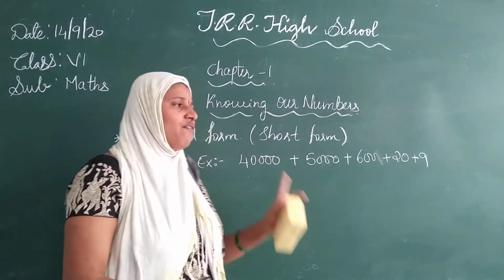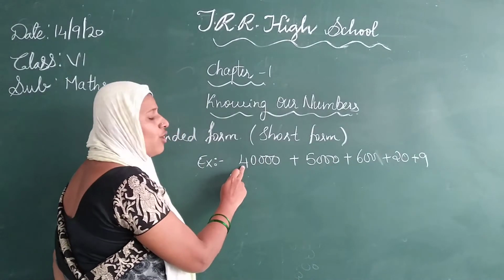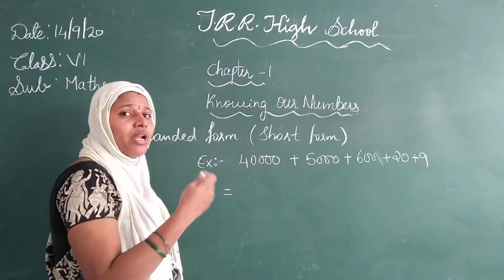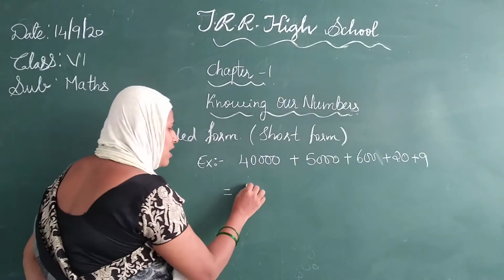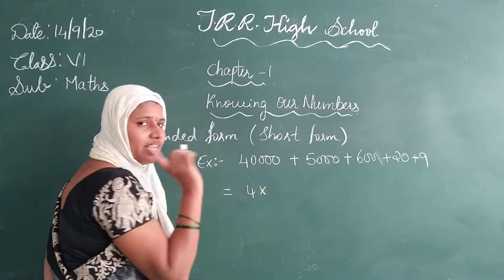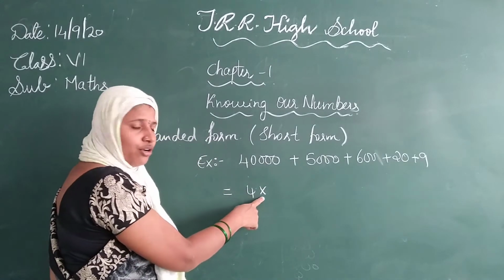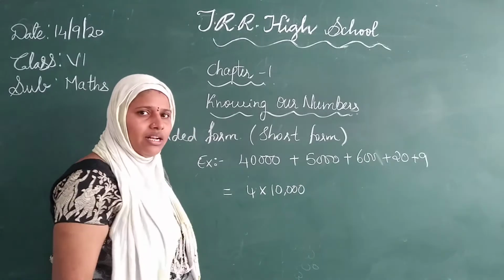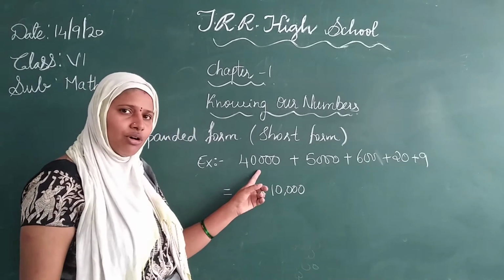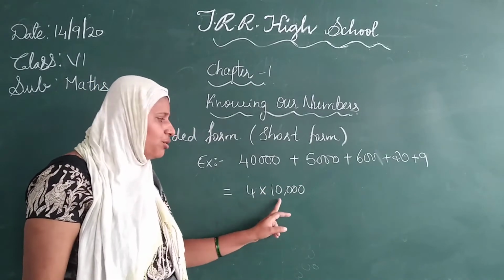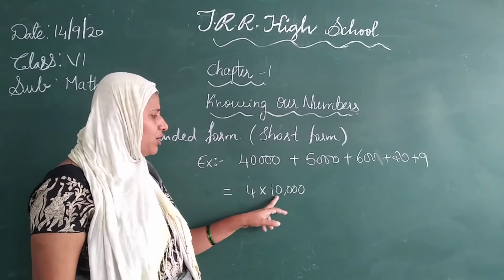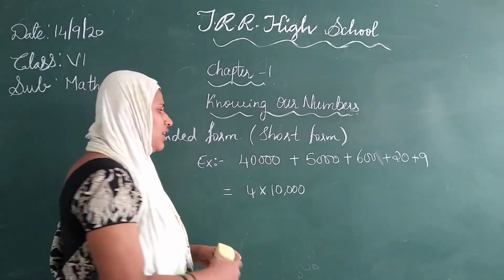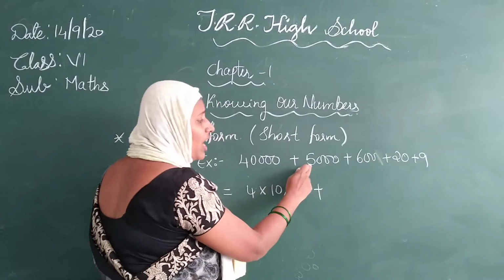How to write? First step is 40,000. How to write 40,000? Listen carefully, 4 into 10,000. Am I right? I can write 40,000 as 4 into 10,000. Now coming to our next one. 5,000.